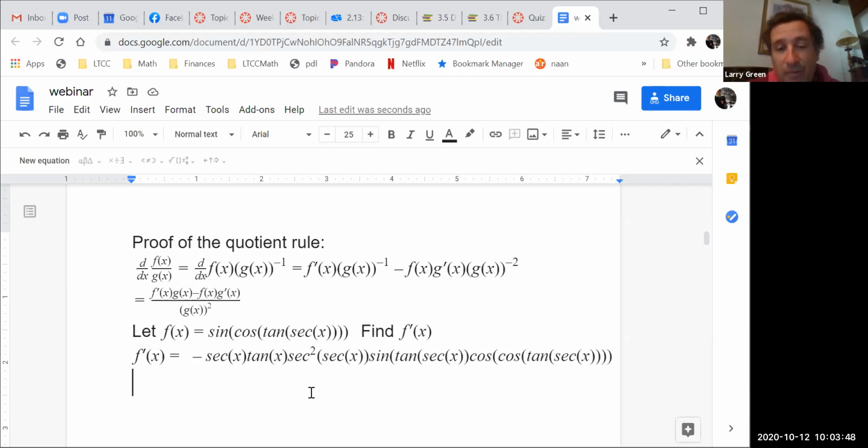And the professor, and that was at Florida, went through and talked about the way it works, and he had a sine of a cosine of a function. So he had a 3-link chain. I've never seen more than 3 links.